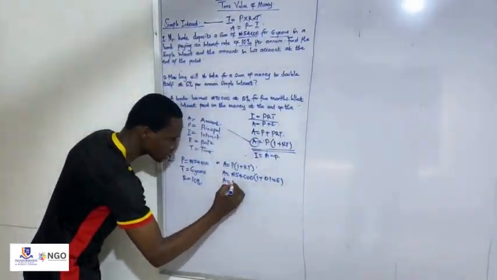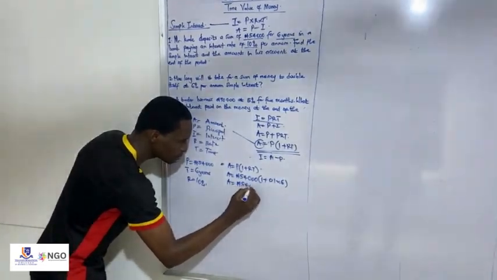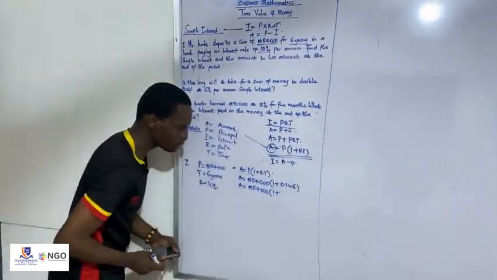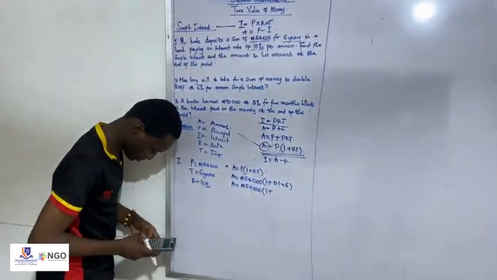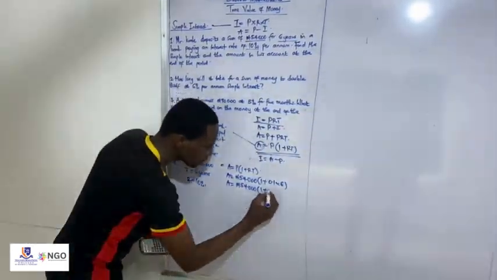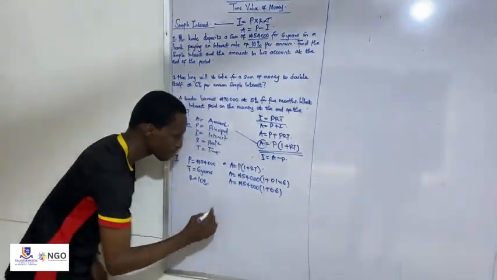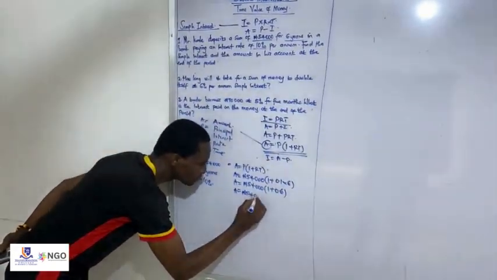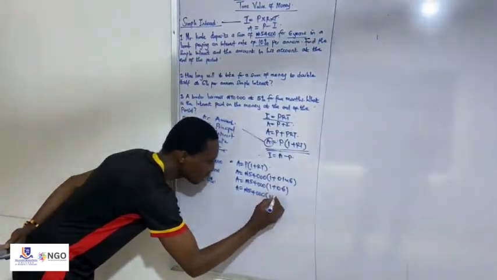So A is 54,000 into bracket 1 plus, now 0.1 times 6 gives us 0.6. So A will be 54,000 into bracket 1.6.